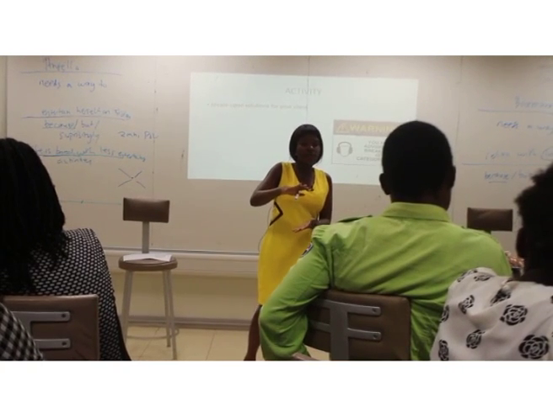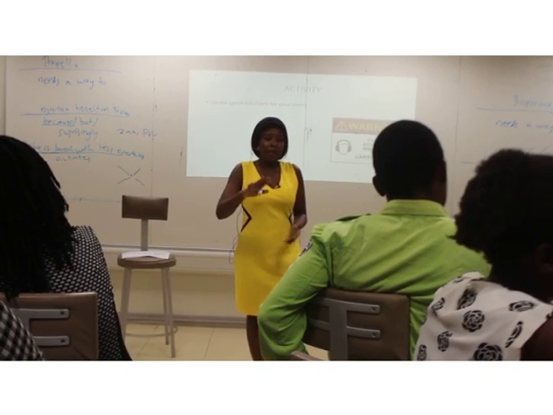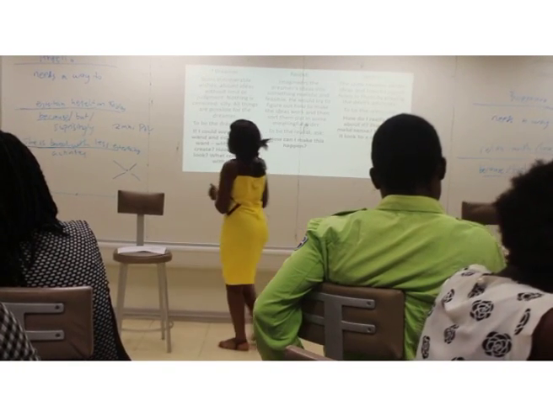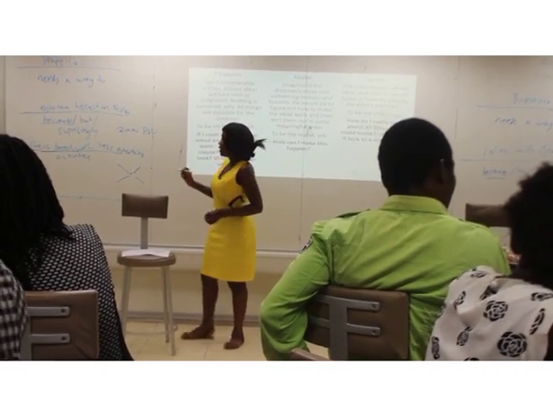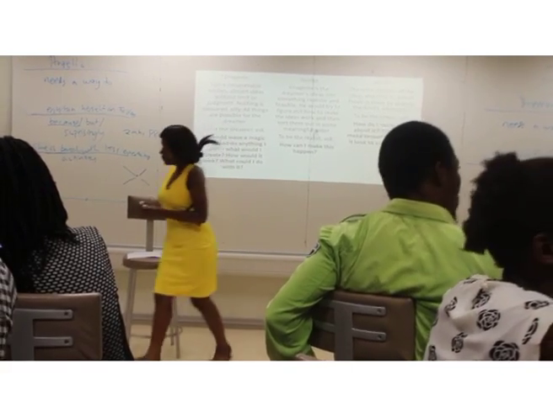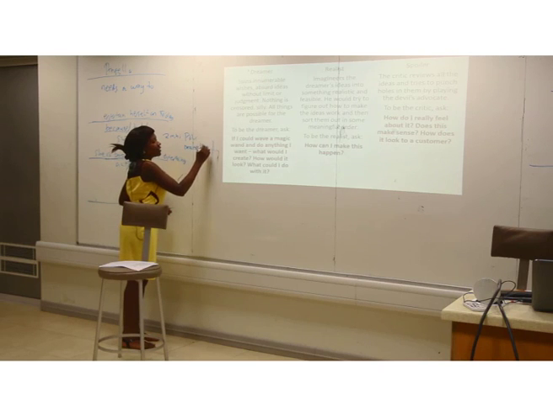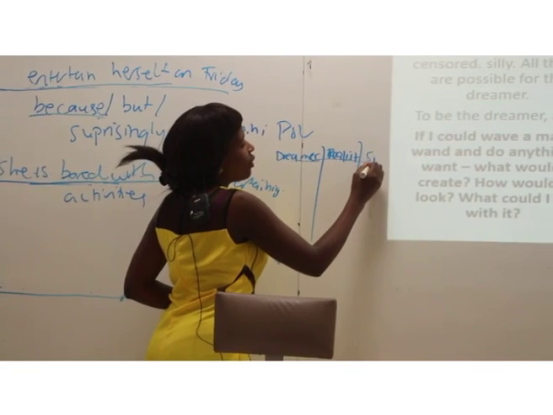So at the back of one of your papers, I would want you to create 3 columns. One is dreamer, one is realist, and one is spoiler.